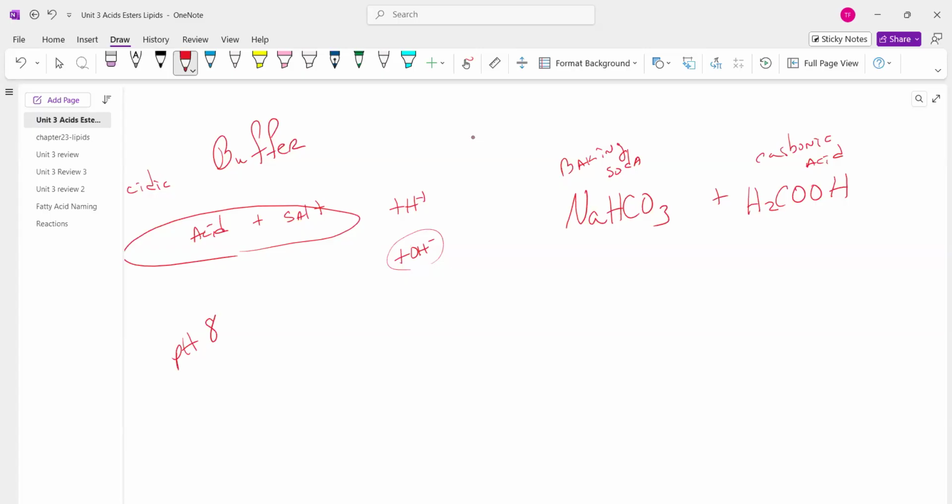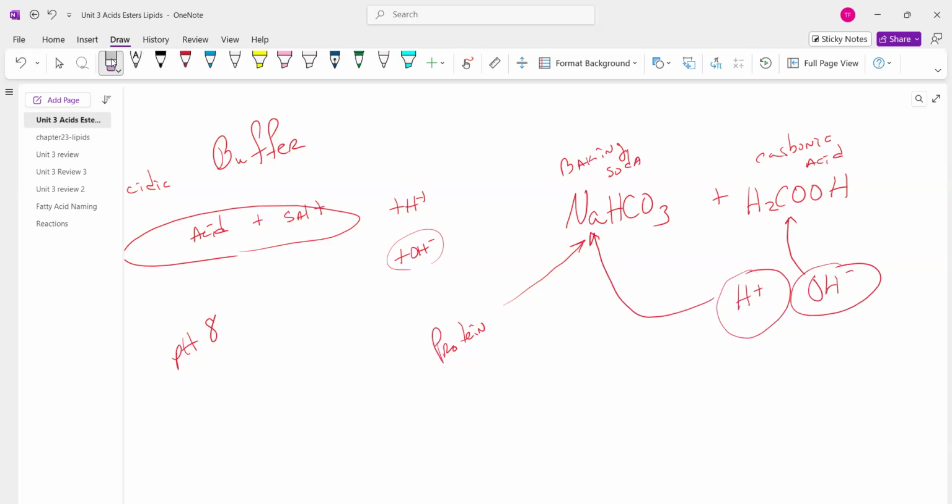In your body, we have this attached to a protein. If an H comes in, the H goes there and it becomes carbonic acid. If an OH comes in, it reacts with the acid over here and forms water.